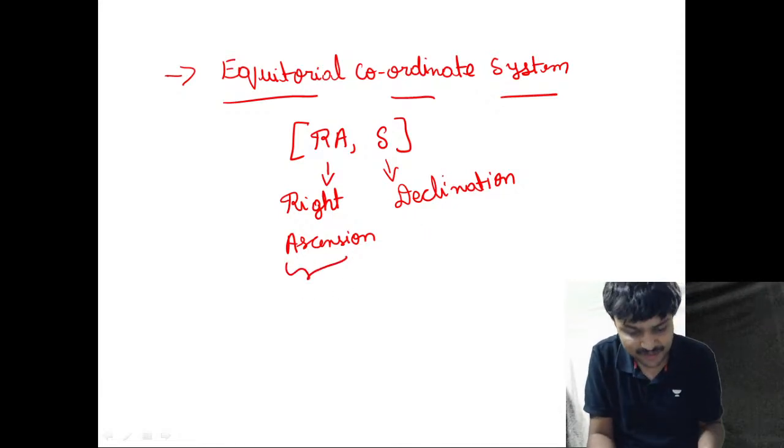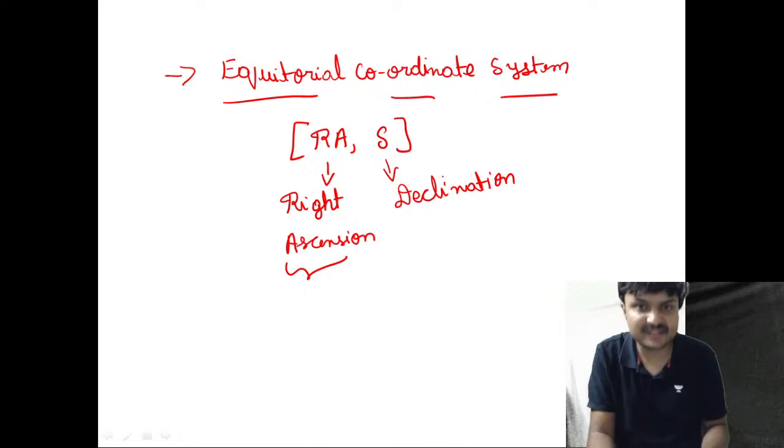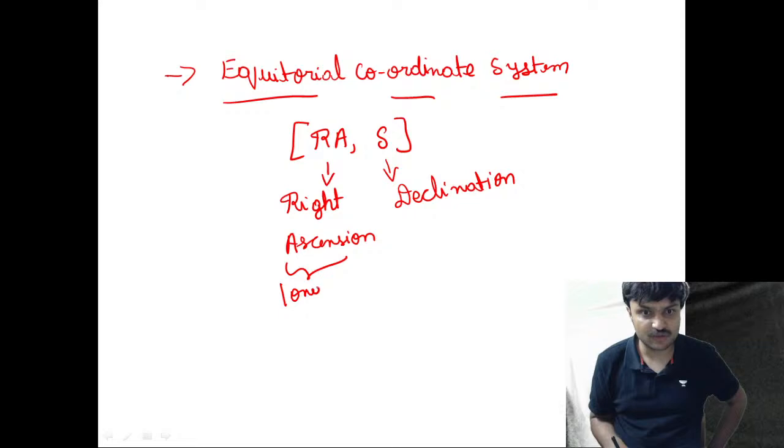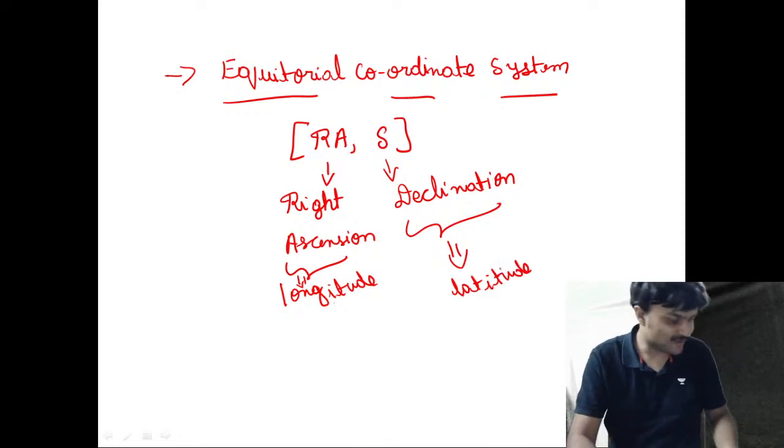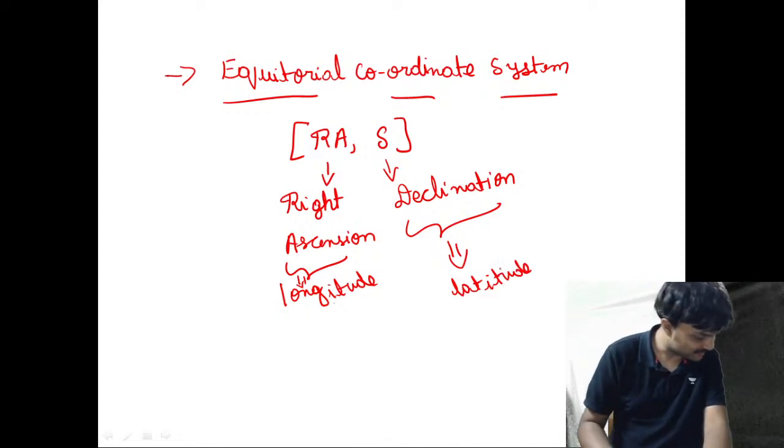When you talk about latitude and longitude, right ascension corresponds to longitude and declination corresponds to your latitude. Okay, that's the beauty of it. This is basically your longitude and this corresponds to your latitude, in your Earth's language, terrestrial language. Okay, we will go in detail, in depth, with respect to these things.